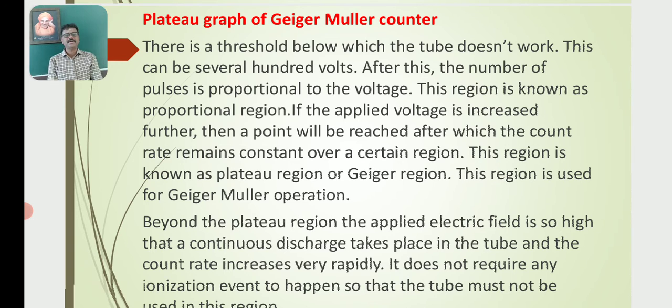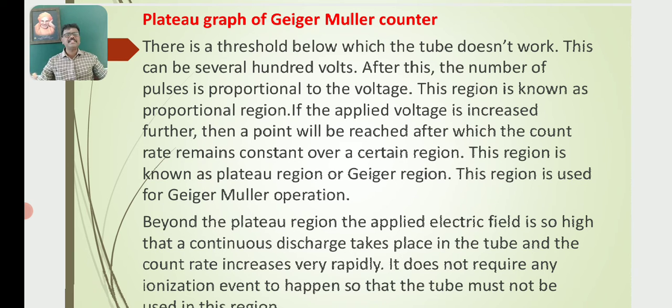Because of that, we must apply several hundred volts to operate the Geiger-Müller counter. After the threshold voltage, the number of pulses is proportional to the voltage. This region is known as the proportional region.